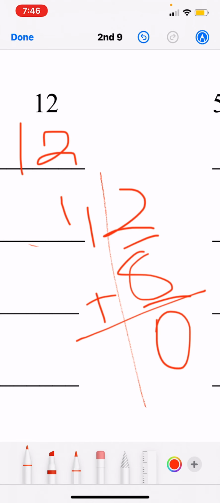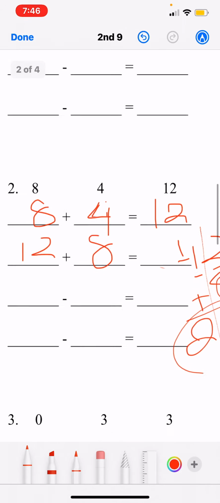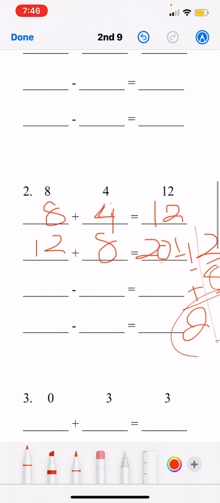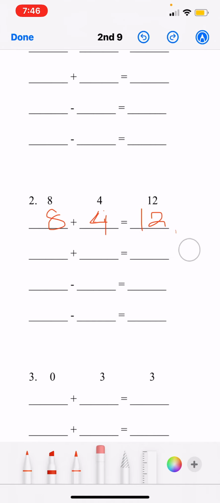And then now I'm going to add the left side, which is 1 plus 1 equals 2. I get 20. Can I use 20? No, because the only numbers I can use are 8, 4, and 12. I can't use 20. So this doesn't work out. So I'm going to erase it and find another way.